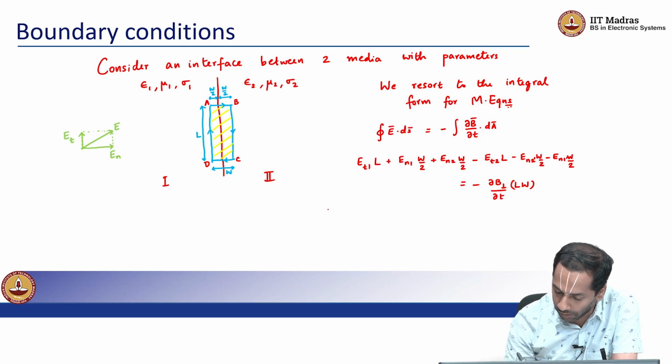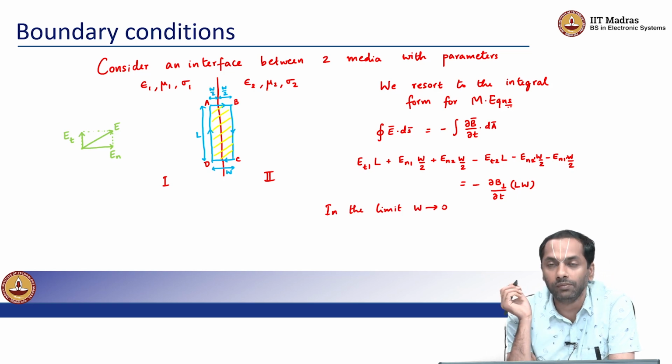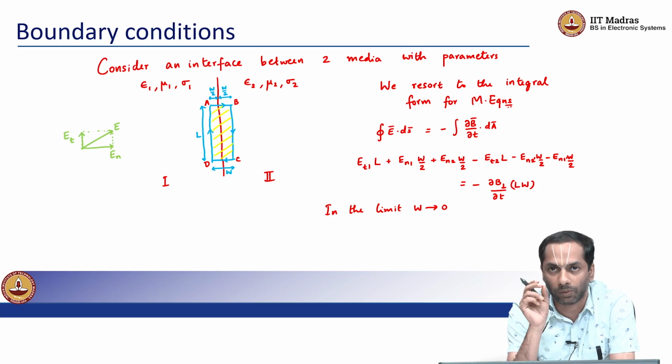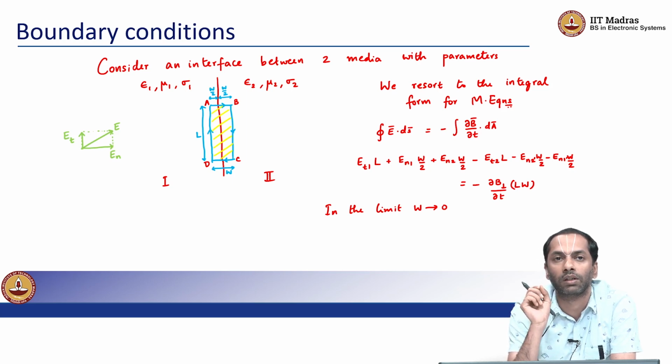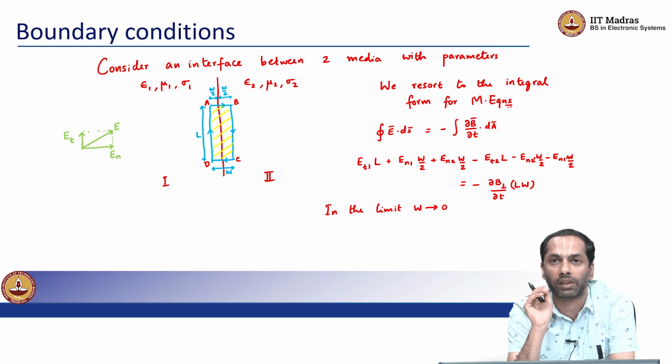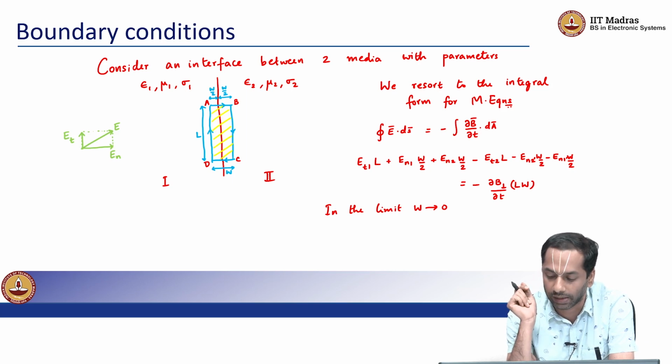Now, we are going to set W very close to 0, in the limit W tends to 0. Why are we doing this? Because we are quite interested just at the boundary. We are going to look at what the fields on just either side of the boundary have to be, what condition they have to obey.